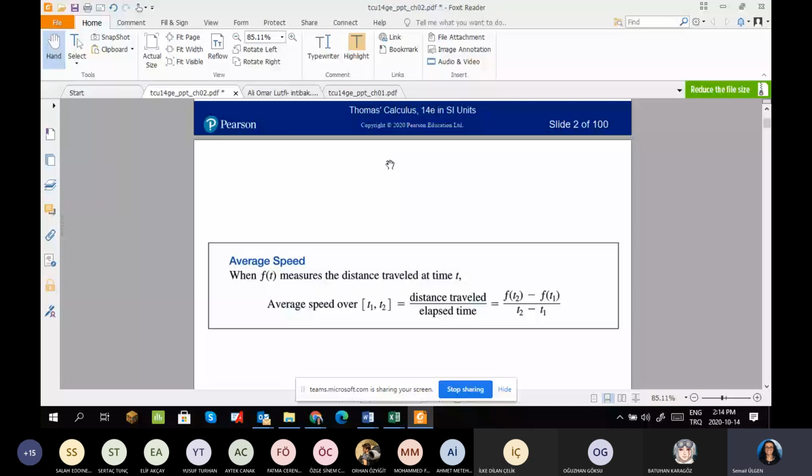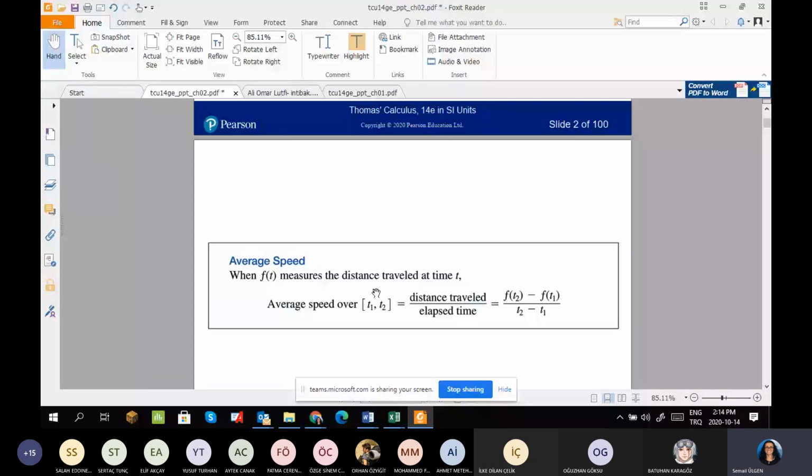Okay. So here, f of t is going to be the distance function. It's gonna show the distance traveled at time t. For example, f of 0 is 0 because at time t is equal to 0, you don't move anywhere. But f of 5, maybe it is 10 kilometers, or 10 meters.